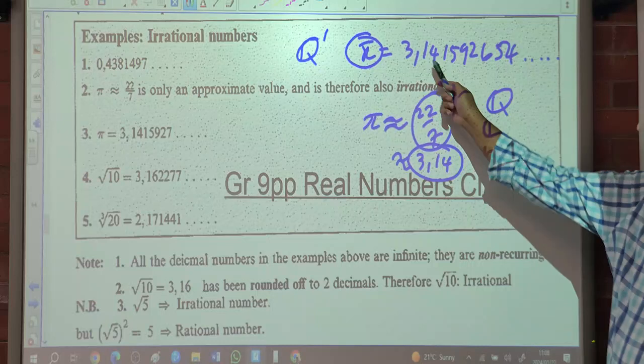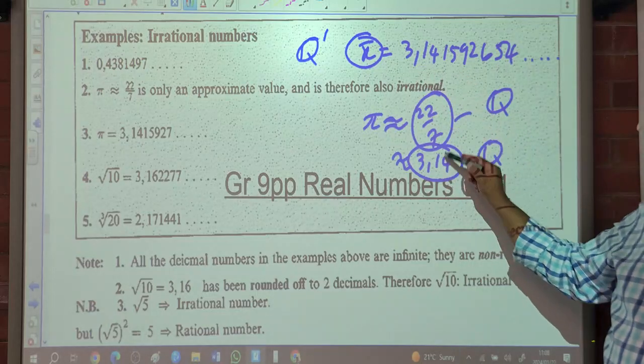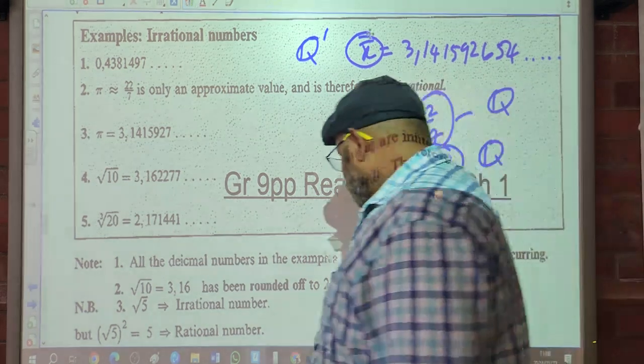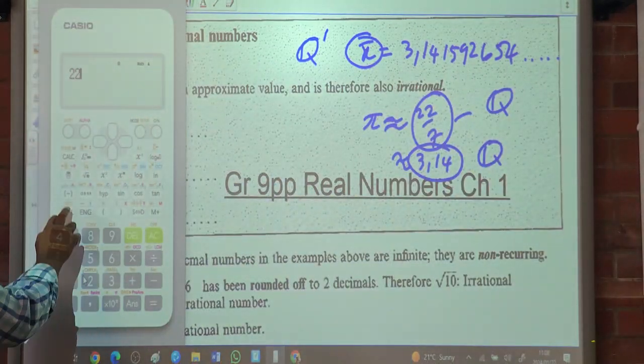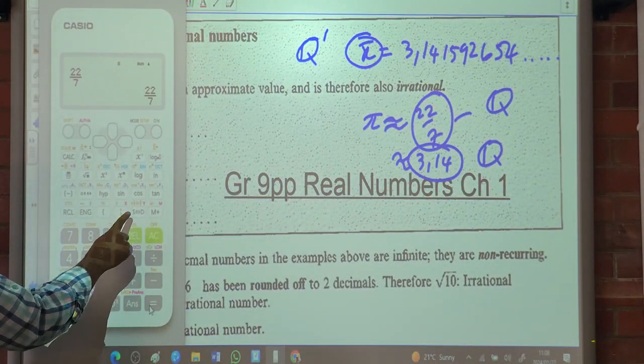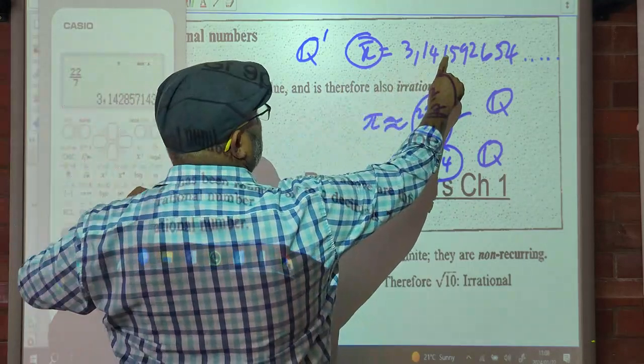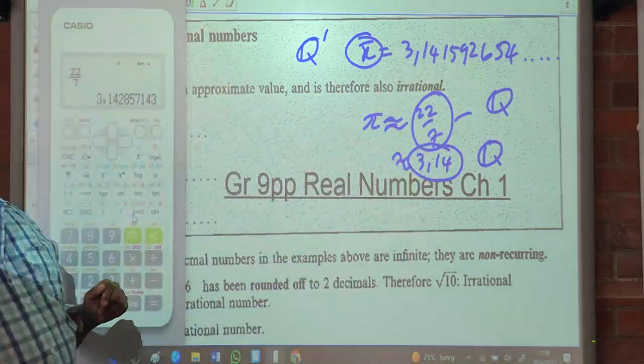You see that's a terminating number, a rounded-off answer to the original pi. Can you see that? We are going to go 22 over 7. 22 over 7 is 3,14285, but pi is 3,14159. Can you see that, people?